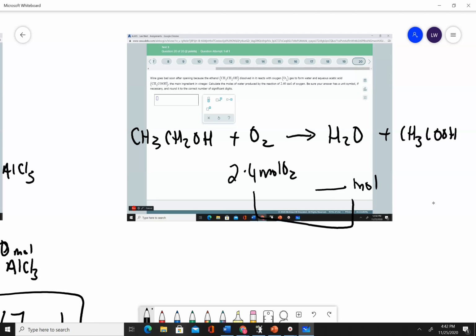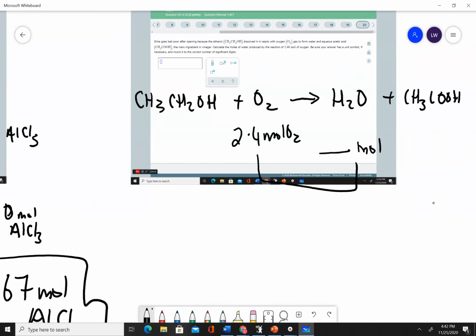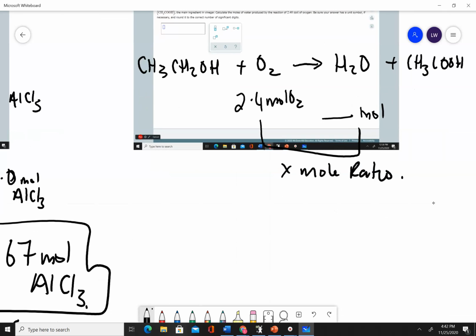So how do we go from moles of one thing to moles of another? We've got to multiply by our mole ratio, which in this case we really don't need to work very hard at because everything is 1 to 1. So if you're sharp, you'll realize that the answer is already 2.4 moles of water. But let's just go through the math for the exercise.